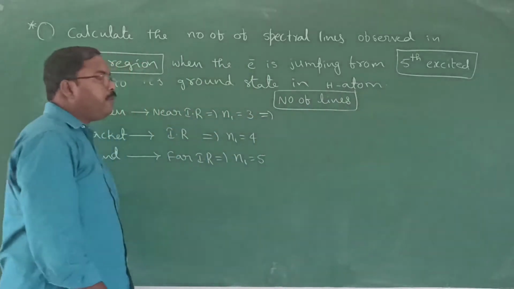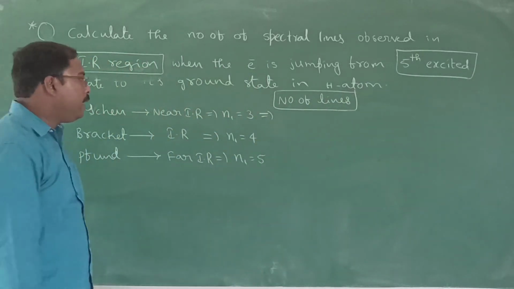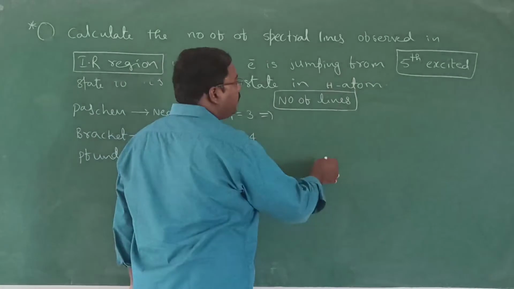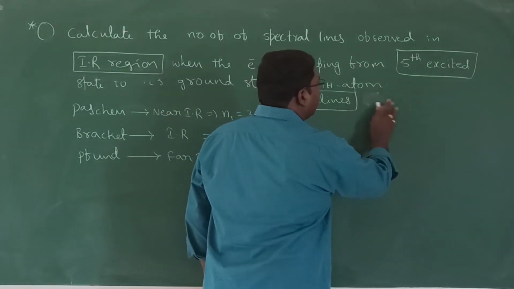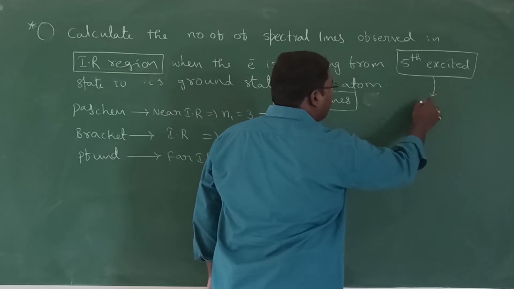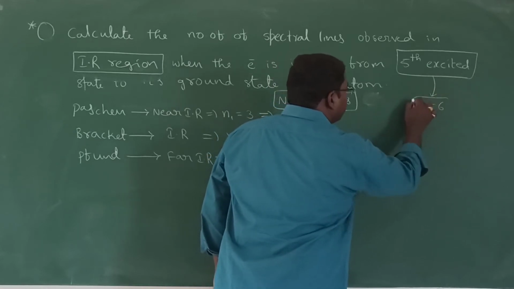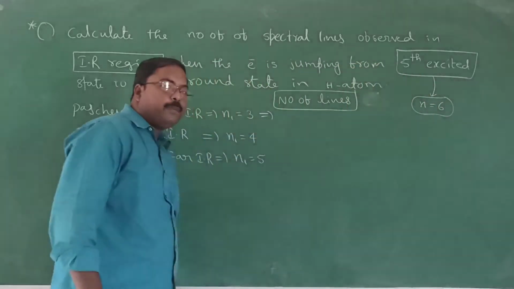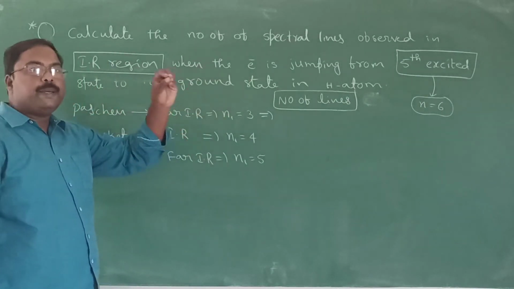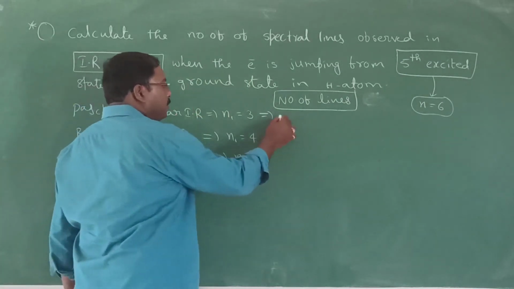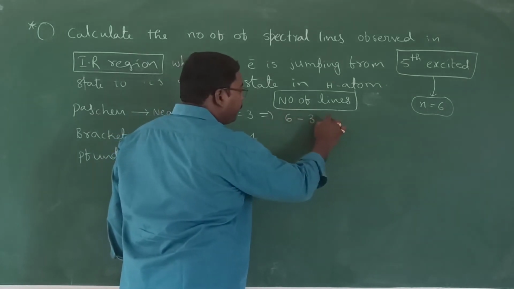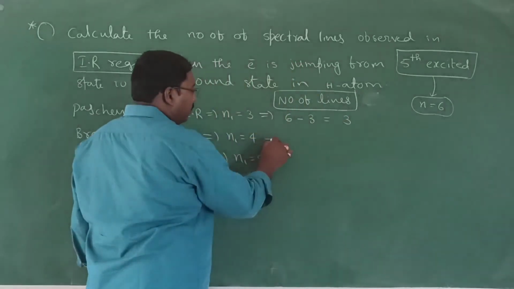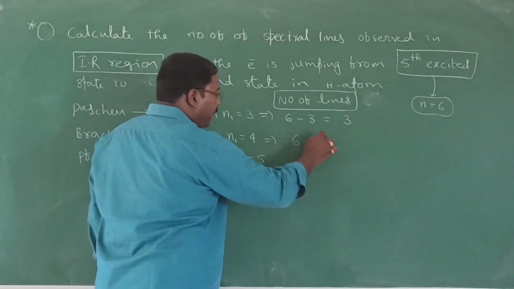What about the formula? We have n2 minus n1. n2 is how much? The fifth excited state means the orbit number is 6. So here the number of spectral lines is 6 minus 3. In this case, 6 minus 4.